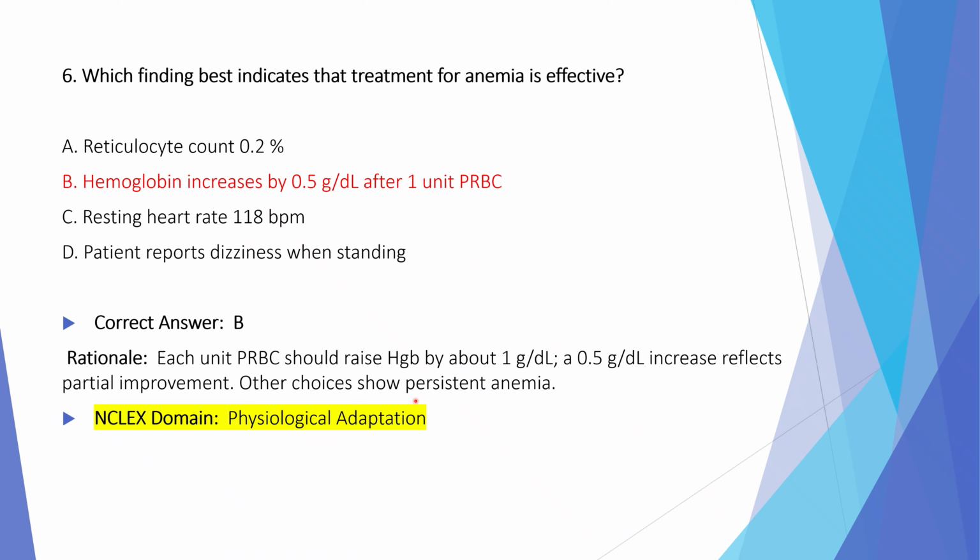Other choices show persistent anemia. So the domain is psychological adaptation. And also here it's how you evaluate the outcomes from the NCLEX domain. I think I forgot to write.